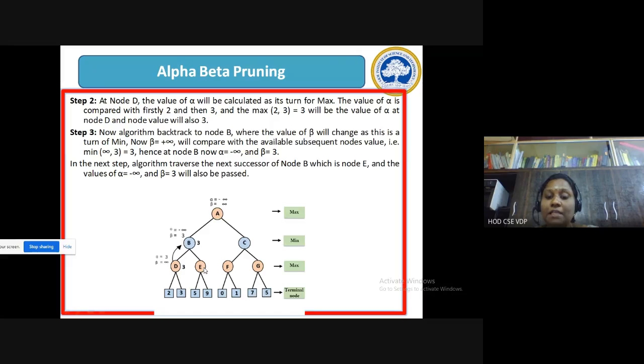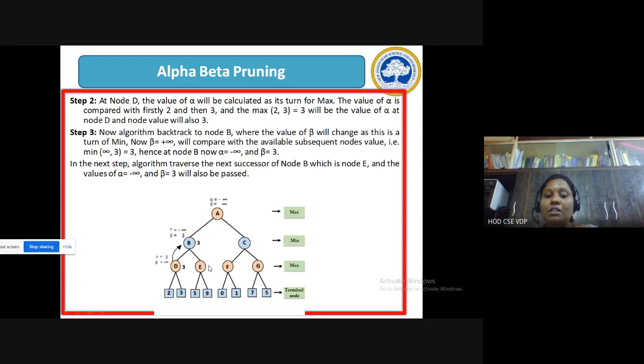Since it plays the maximization strategy, alpha will be equal to 5, right? So alpha will be equal to 5 and beta will be equal to 3. Why is alpha 5? This 5 goes up and alpha is updated. So now alpha is equal to 5 and beta is 3, which was coming from the parent.